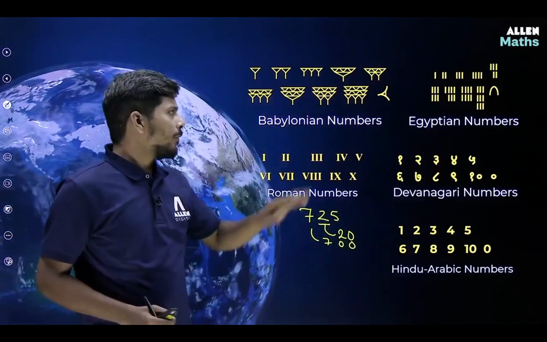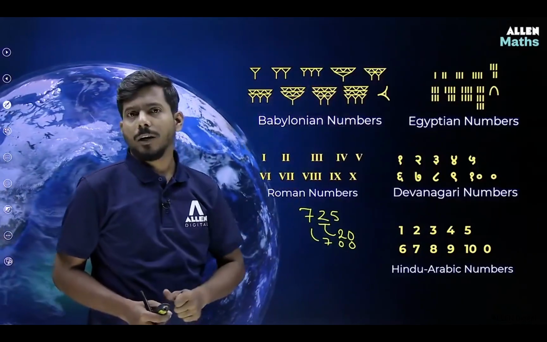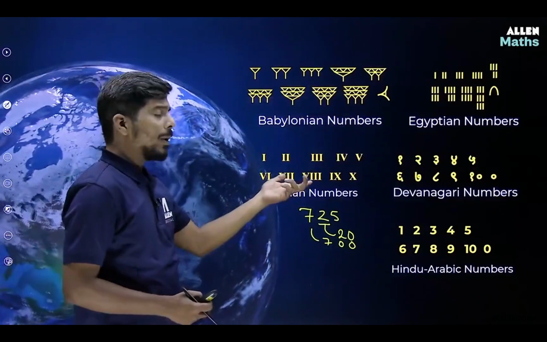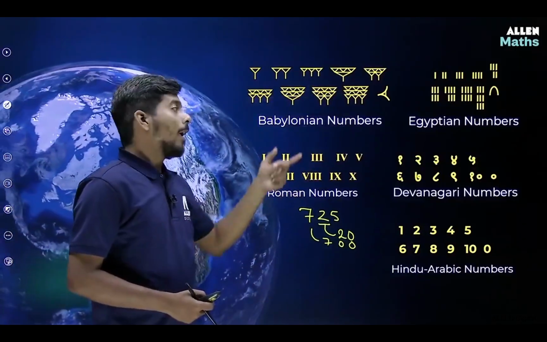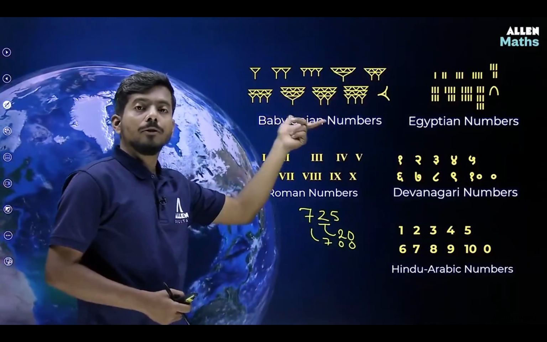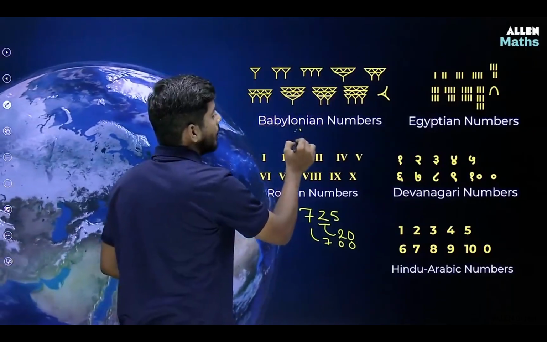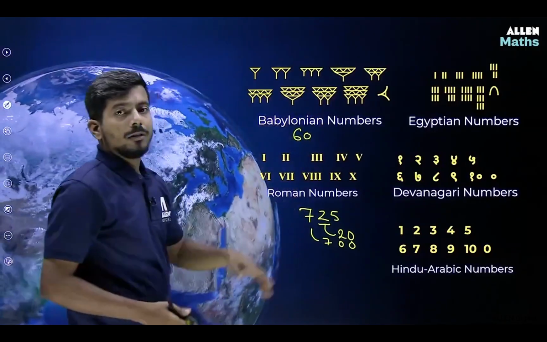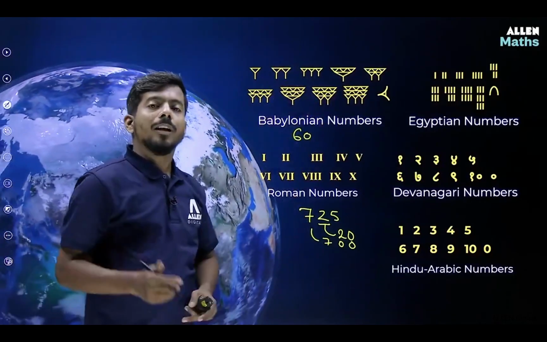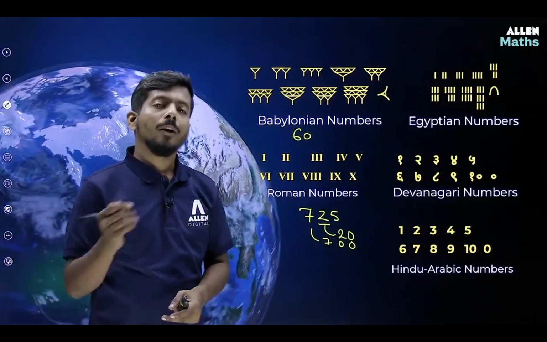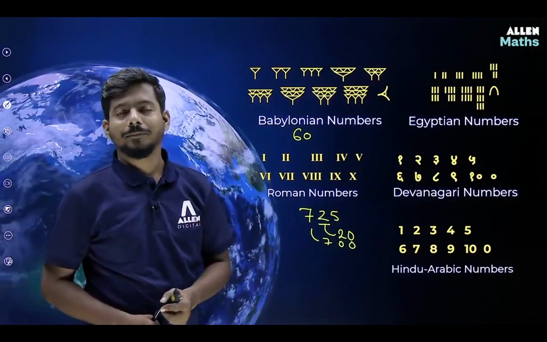But do you think that we are not using any older number system nowadays? Nowadays also we are using Roman numbers, and Babylonian numbers also we are using. The base of Babylonian number is 60. So the concept of Babylonian number we use when we have to measure time, when we have to measure angles.